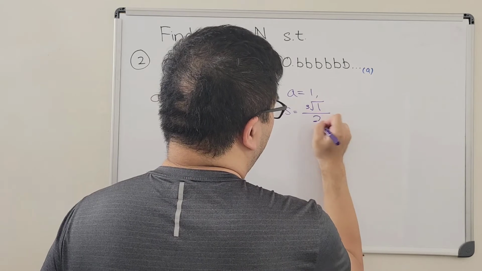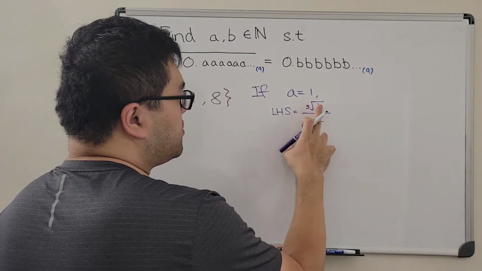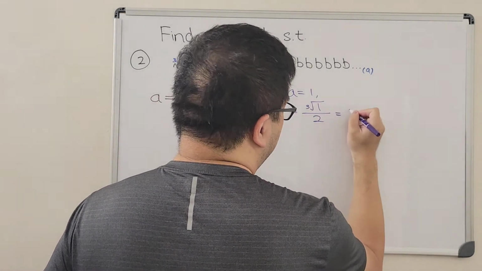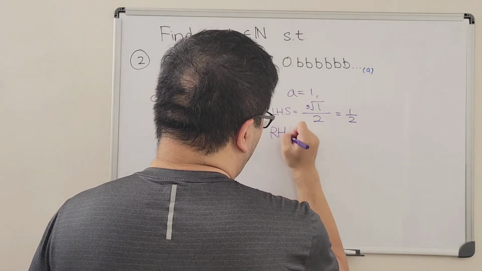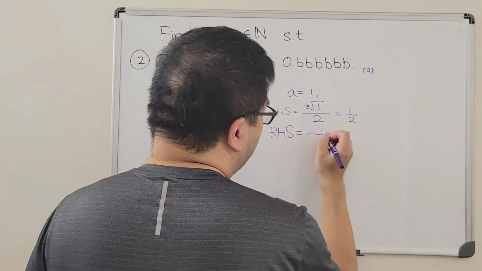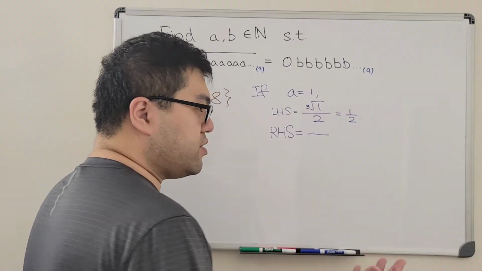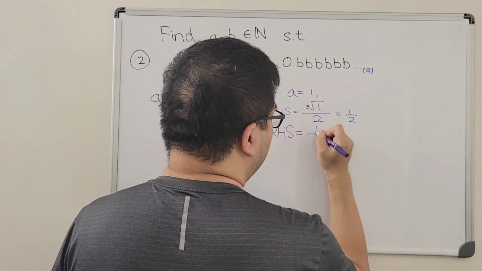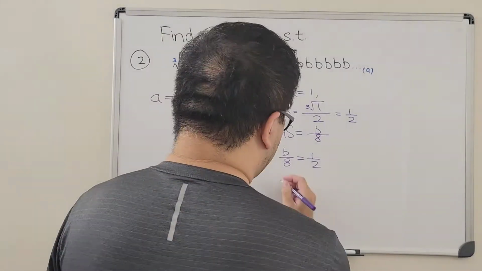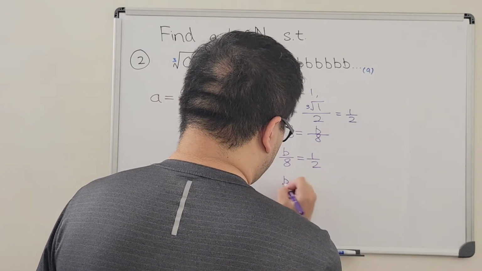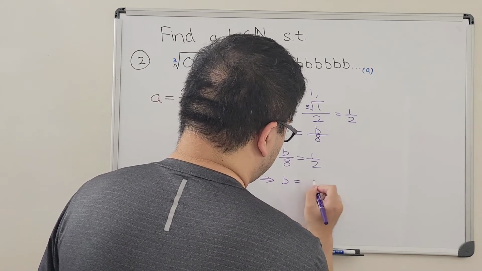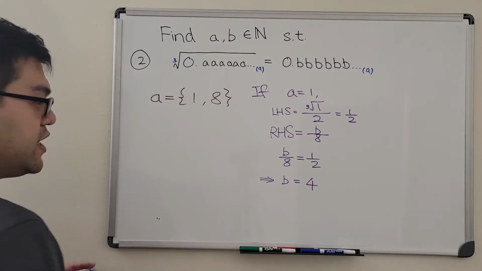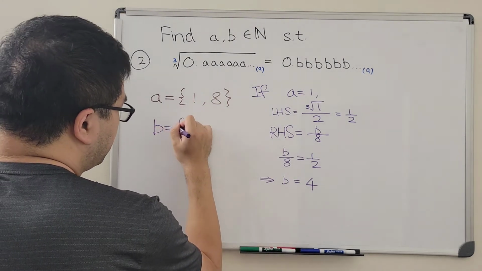We have the following: the cube root of 1 over 2, which is equal to 1/2. On the right hand side, we actually already found out that the rational expression is b over 8, so that we get b equals 4. And that's one of the solutions.